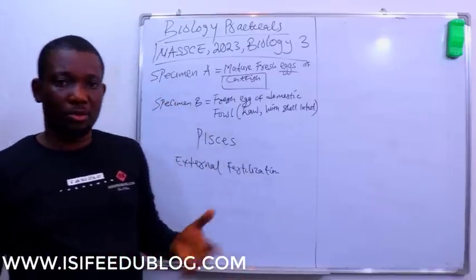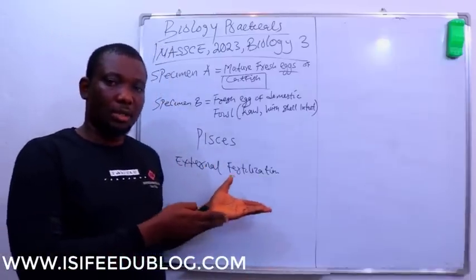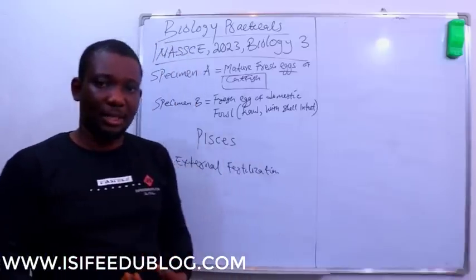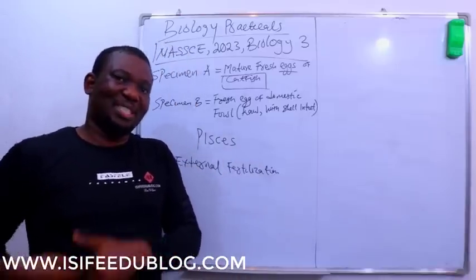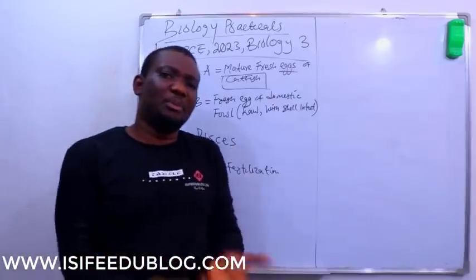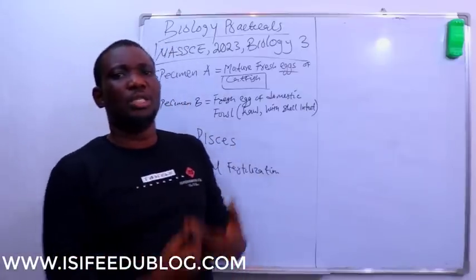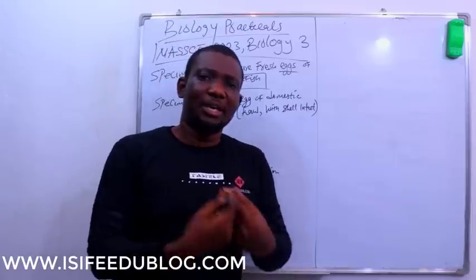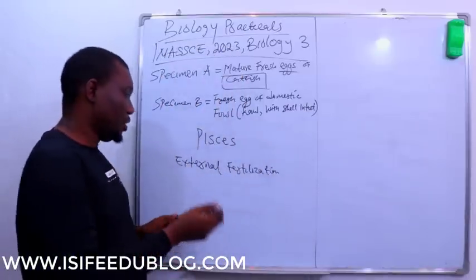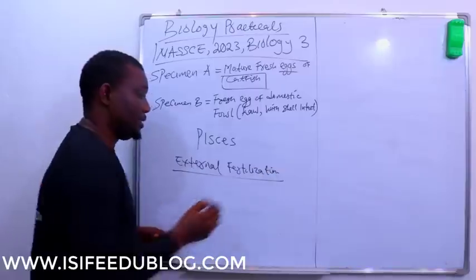Amphibians also do the same. They lay eggs that are not fertilized internally, so eggs are later fertilized outside the body of the female. That means the female lays unfertilized eggs, which are later fertilized by the male externally. So the type of fertilization in specimen A is external.